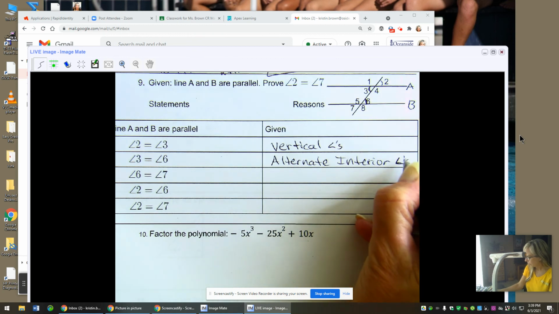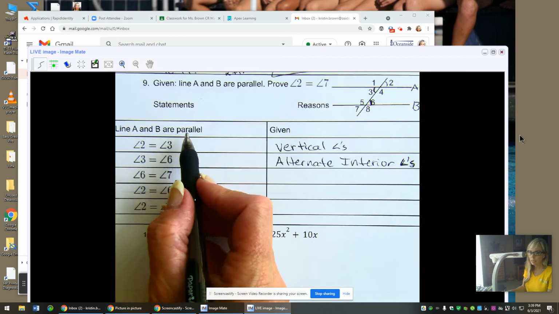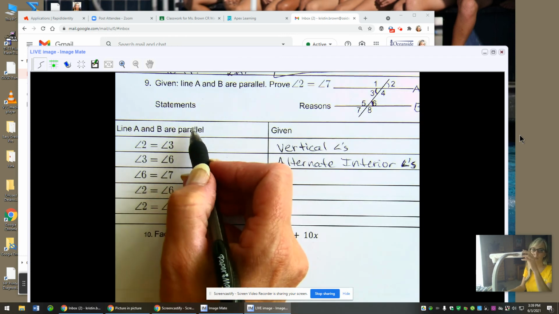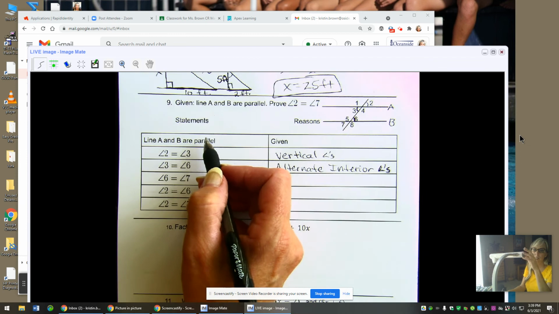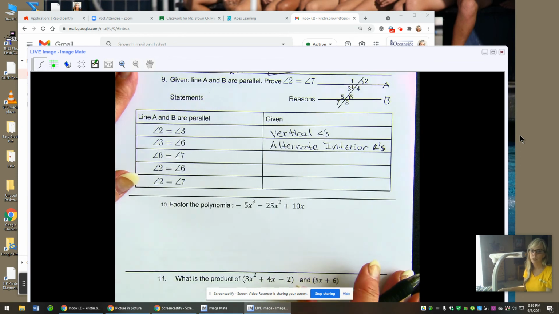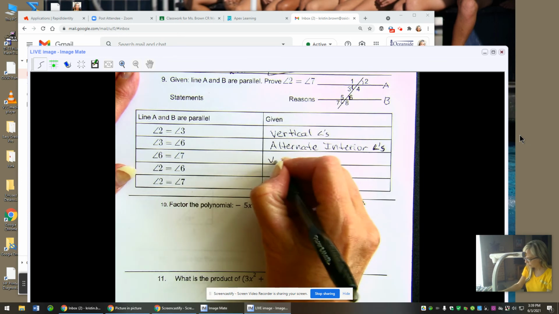And we know that alternate interior angles are equal if the lines are parallel. I couldn't have said this statement was true if I hadn't already said those are parallel. It's only true if they're parallel. So it's very important that I mention that those are parallel. All right, 6 is equal to 7. Again, that's vertical angles.